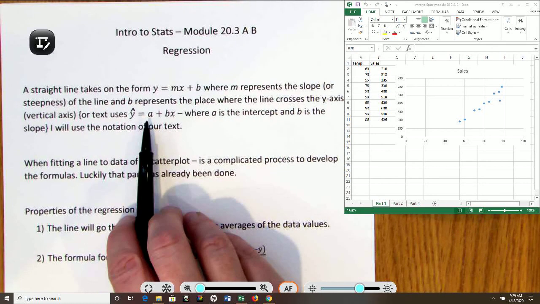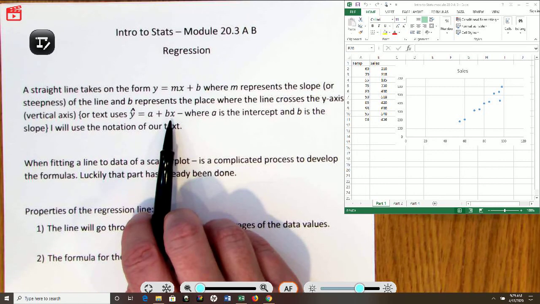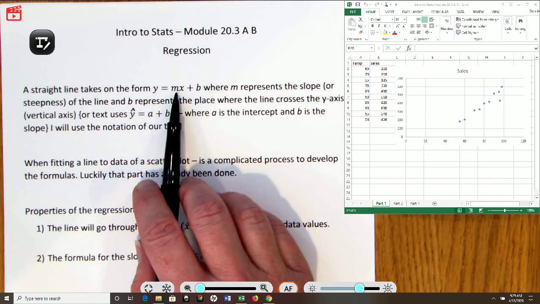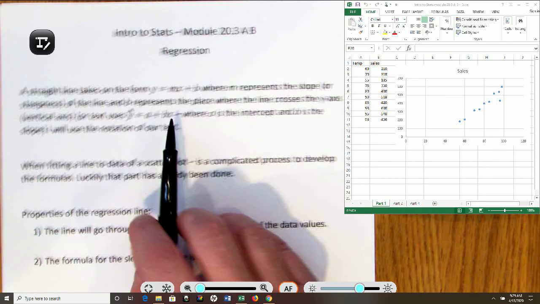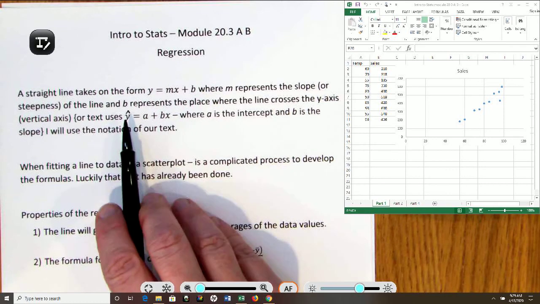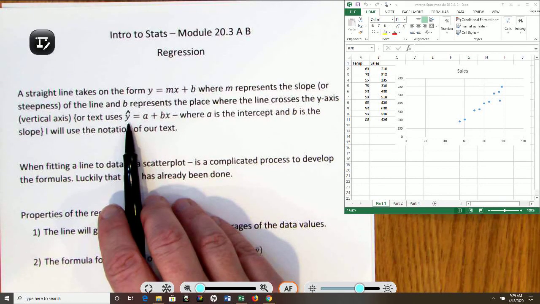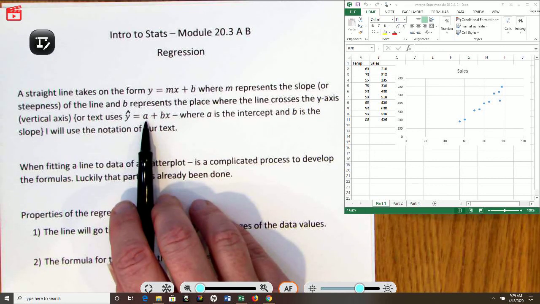Here, the a replaces that b piece, and I switched these terms around. The slope is the number with the x, and x is the variable along your horizontal scale. y is the variable on your vertical scale. So here is your slope, and here is your y-intercept.